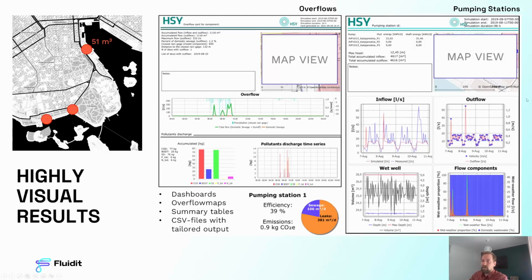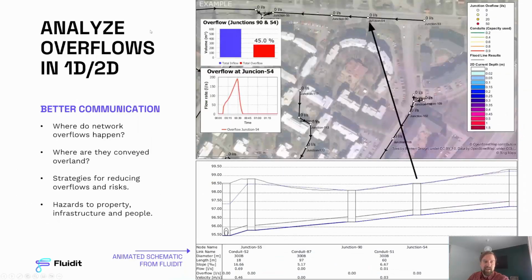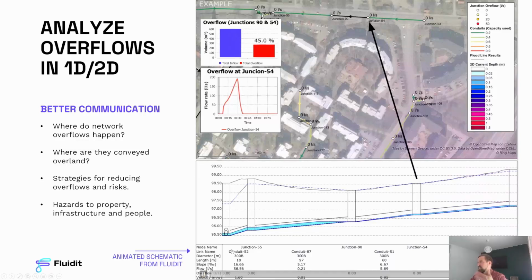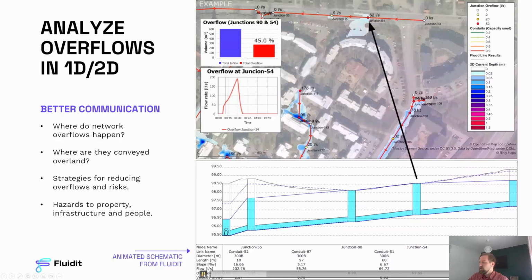Another aspect I'd like to highlight is that HSY can actually analyze the overflows as a 1D, 2D model. That helps them to communicate where the network overflows happen. So for example, if I show this short animation here, it's a typical case where the rainfall loads the 1D network, and then let's stop here.